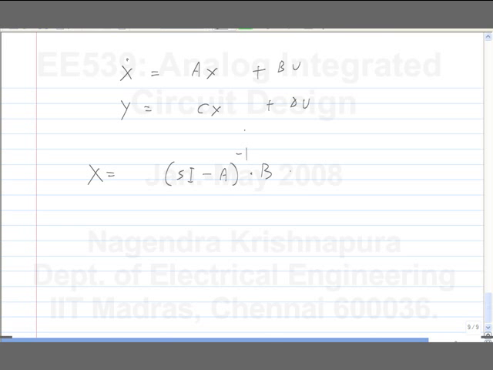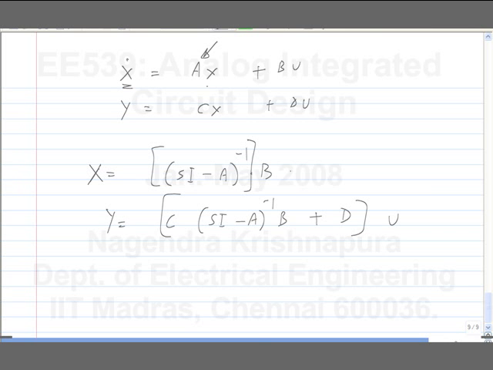The state is this, and the output Y is some C times X. Anyway, you look at the denominator polynomial, which comes from (sI - A) inverse. It only depends on A. It only depends on how the derivatives are related to the states, not on where you apply the input. Roughly speaking, B represents where you apply the input and C represents where you take the output from.